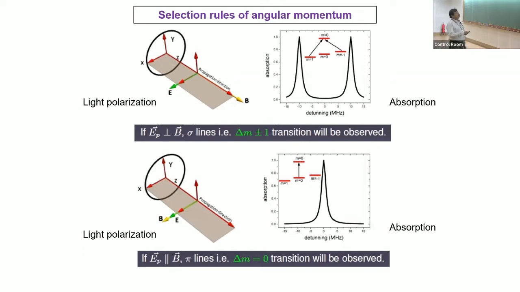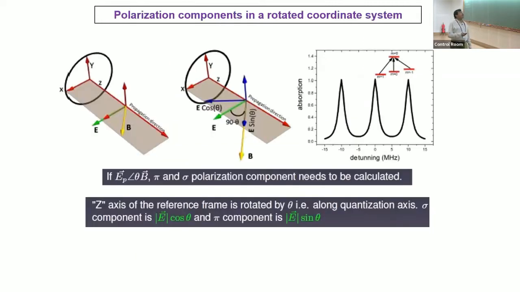That is, the selection rules of delta m plus minus 1 will be observed in the absorption. And we also know that if the E and the B are parallel to each other, then delta m equal to 0 transitions will be observed, and in the absorption these are called the pi lines. So pi and sigma lines come from the selection rules of the angular momentum.